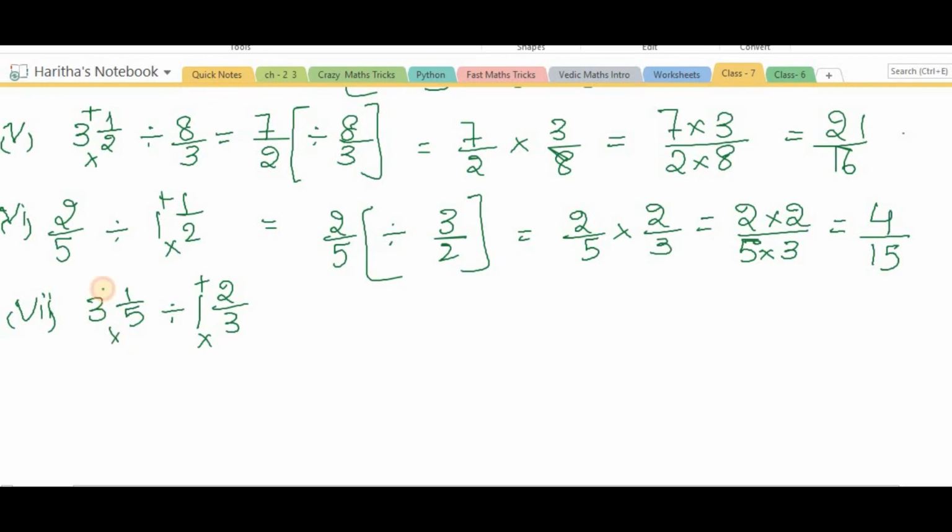Both are mixed fractions, so first we have to change them into improper fractions. 3 5s are 15 plus 1, 16/5 divided by 1 3 is 3 plus 2, 5/3.